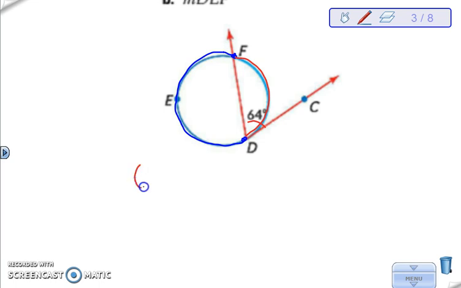Right? So the measure of the angle is equal to 1/2 the measure of the arc.